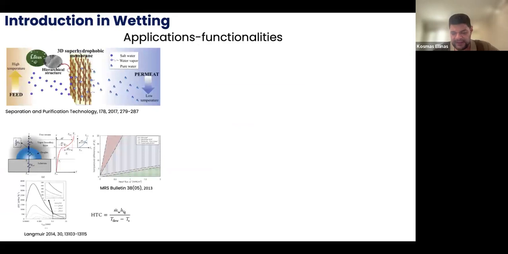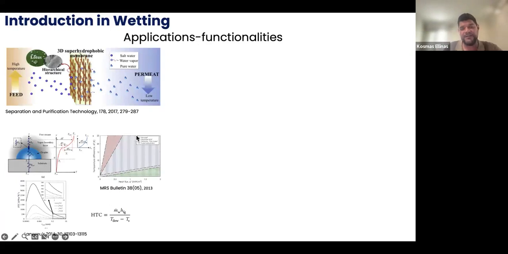And why this? Because the use of this wetting control can provide new products and new materials, advanced materials. For example, we can prepare super hydrophobic membranes in which the water desalination happens much easier and much more effectively.